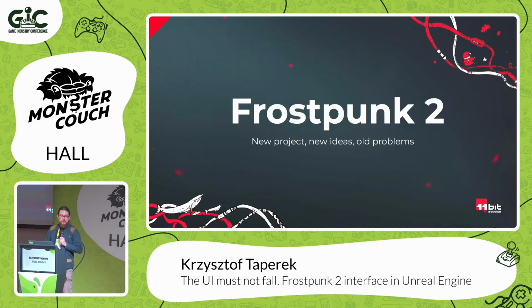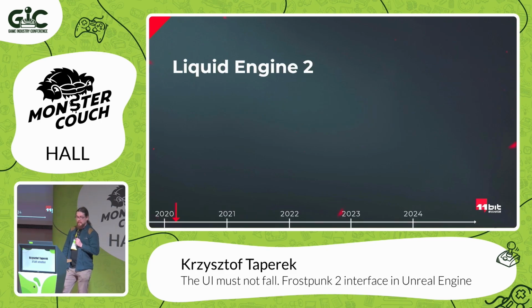So it was time for a new project with new ideas, but quite old problems. We moved to Liquid Engine 2, which was the new beautiful version of our engine. And the engine team worked quite hard on that for a few years probably. And plans were really ambitious.